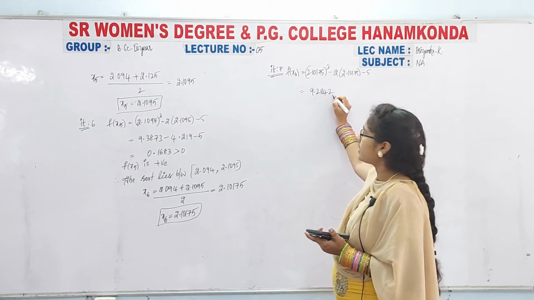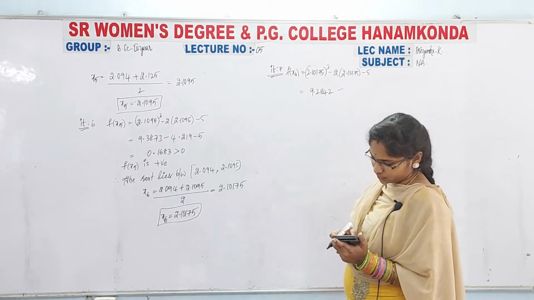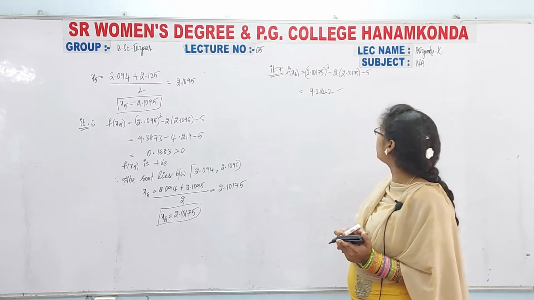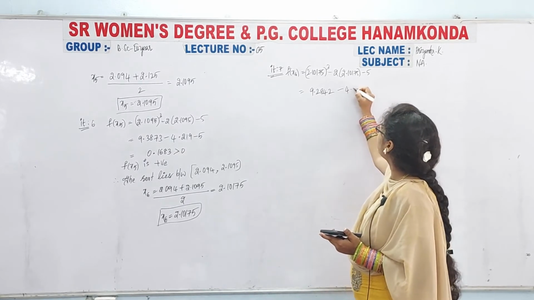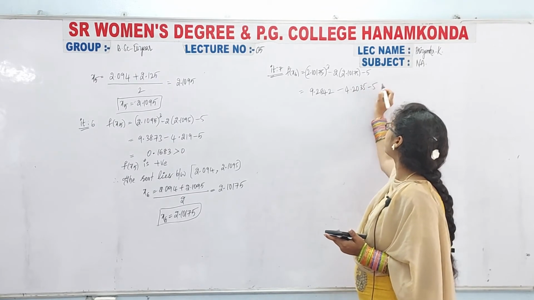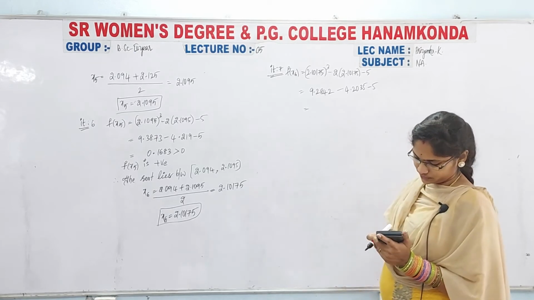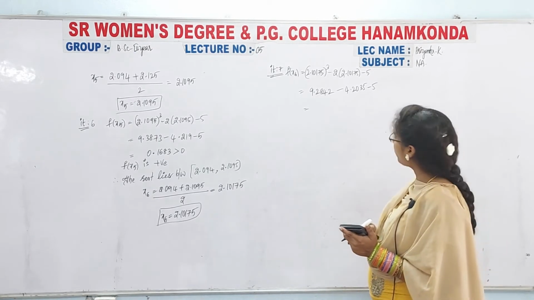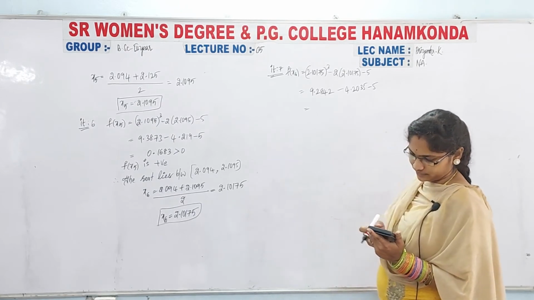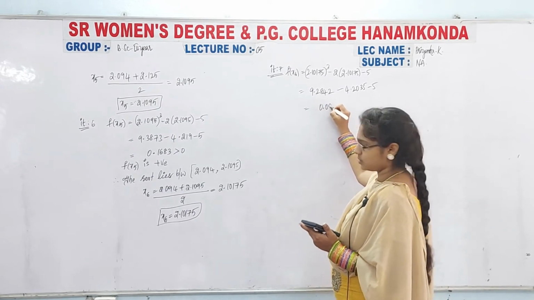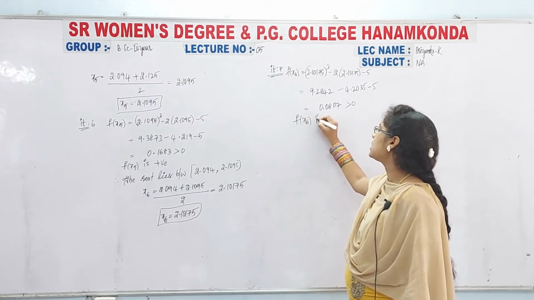So 17 means I am taking that it is nothing but 2, and minus 2 into 2.10175 is 4.2035 minus 5. Now finally what we get here, 9.2842 minus 4.2035 minus 5. Now it is 0.0807, which is a positive. Therefore f of x6 is positive.